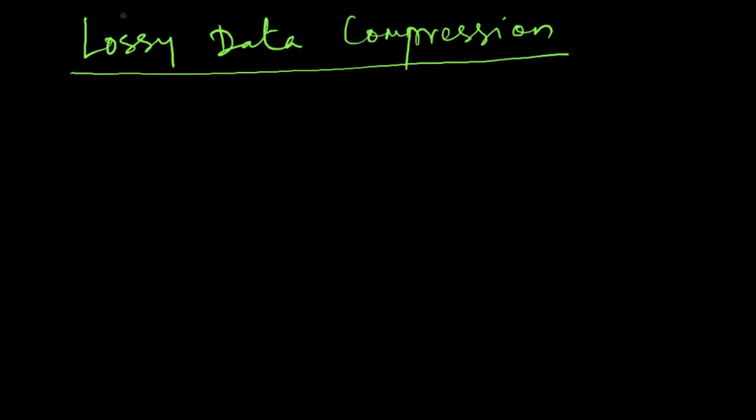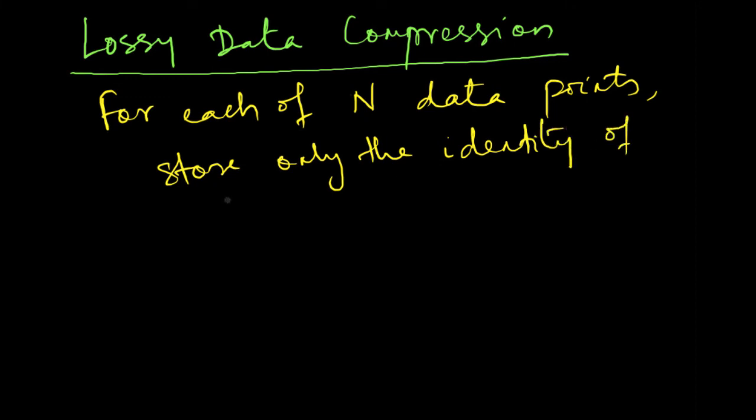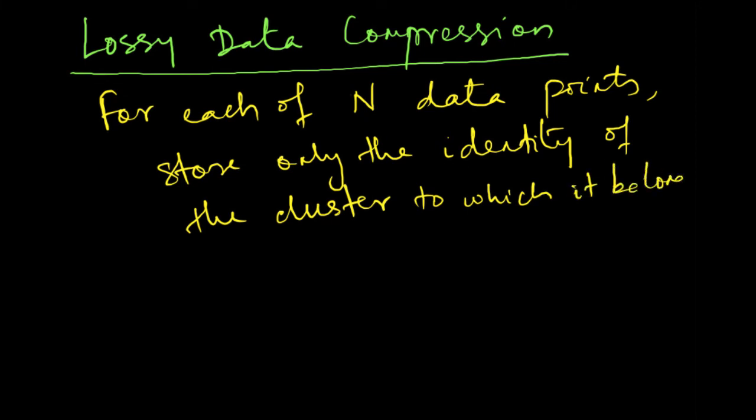So now let's say you have n data points. For each of the n data points that we had earlier, what you do is that instead of storing the information of the exact location of all these data points, you store only the identity of the cluster to which it belongs.